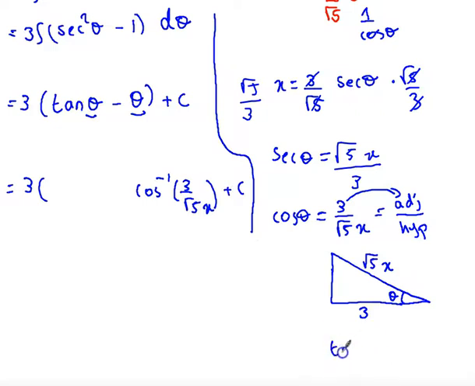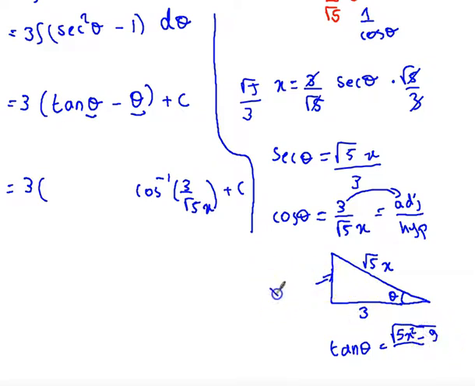We know that tangent theta is equal to opposite, so this side, over the adjacent side. The opposite side, according to Pythagoras' theorem, is radical hypotenuse squared, so radical 5x squared minus this side squared, 9.